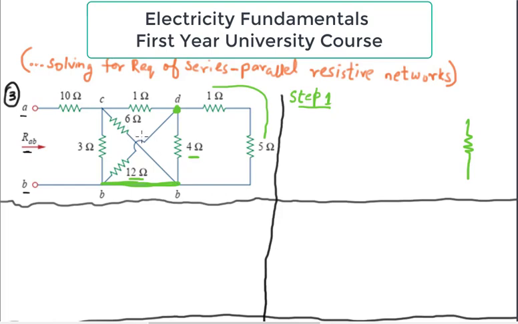This slight jump here, this thing is simply saying that the two wires are not connected. So actually the 12 ohm resistor has one end connected at D and the other end connected at B. This jump tells that there is no connection in between the 12 ohm and the 6 ohm resistor. So what's actually happening is that 12 ohm and 4 ohm are in parallel. So I'm also going to solve the 12 and 4 ohm in parallel and place the resultant where the 4 ohm resistor is present. So I'm going to solve these two.